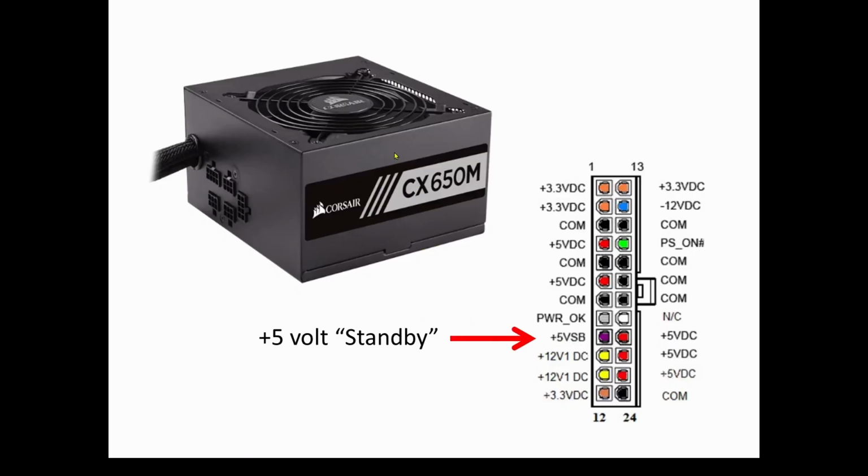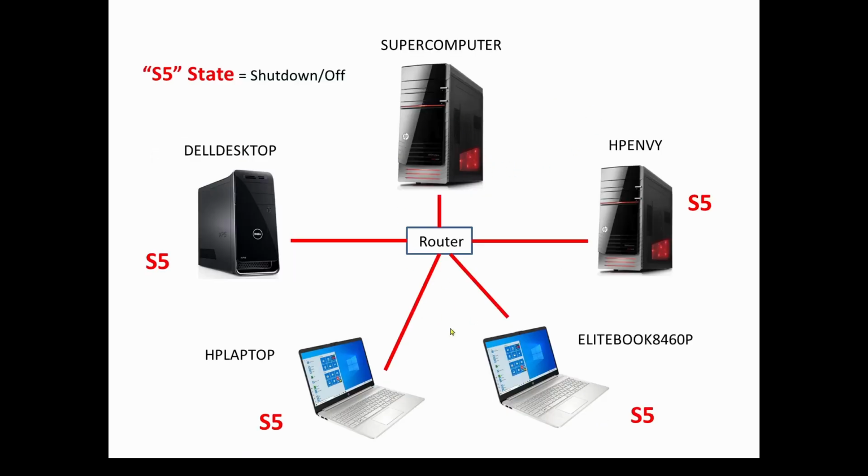We also need to be aware of what's called the shutdown state and how that's referred to in your drivers and so on. There are different states that your computer can go into. For example, a laptop can be in hibernate or sleep, but what we're talking about is totally shut down, and that's called the S5 state.